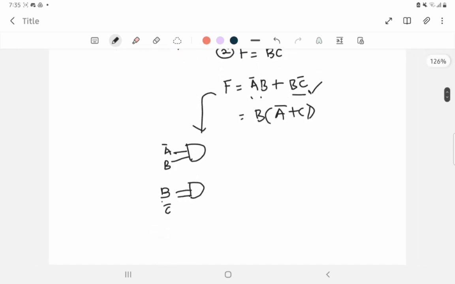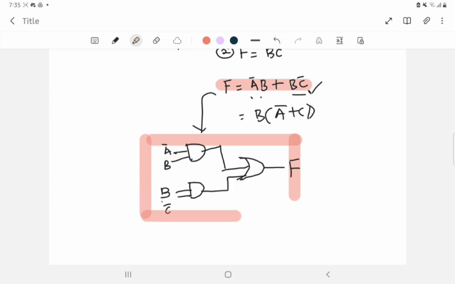Then there is the plus, right? Plus means OR. So we do the OR. The OR symbol is like this, right? They have a curve at the bottom. So we just attach it here, and the last one will be F, the result. Okay, this is it.